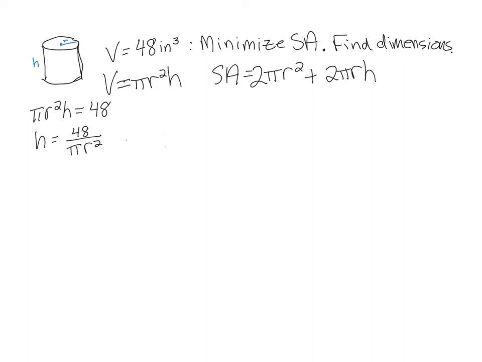And now I can take this and stick it right here for that h, and the only thing left in my question is r. So surface area is 2 pi r squared plus 2 pi r h.